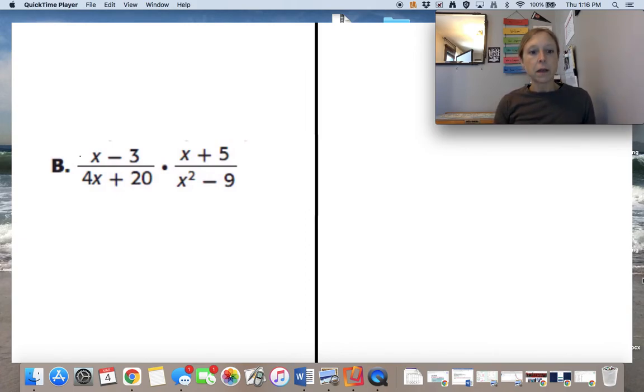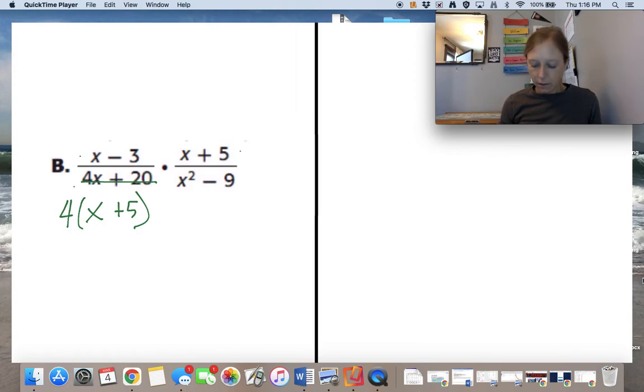x minus 3 is not factorable, but the denominator has a greatest common factor of 4. So I'm going to factor a 4 out of the x plus 20, and I'll have an x plus 5. The next numerator cannot be factored, but the bottom one is a difference of 2 squares.